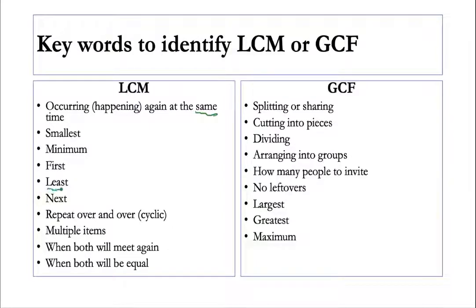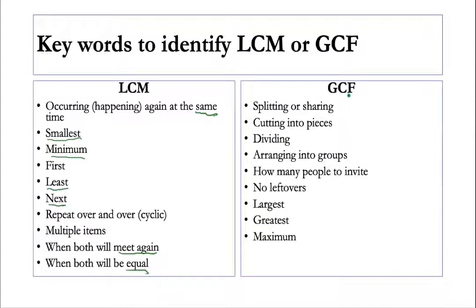So if you see the word least or smallest or minimum, that tells you you're dealing with LCM. Also, if you see the word first or next. In your problem, if the situation is repeating over and over, meaning that it's cyclic, it is LCM. If you have multiple items, LCM. When both will meet again, or when both will be equal, that signifies you have LCM.